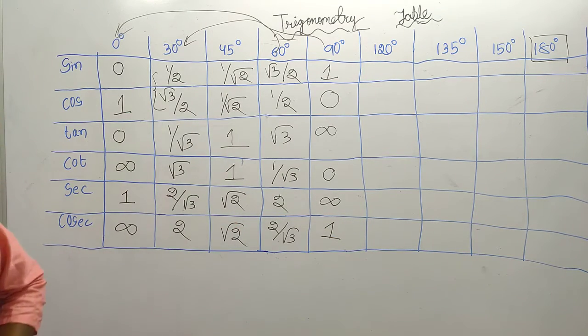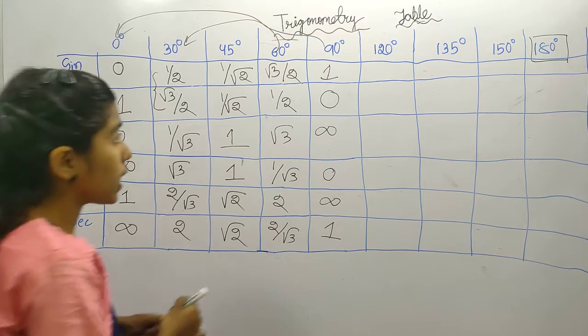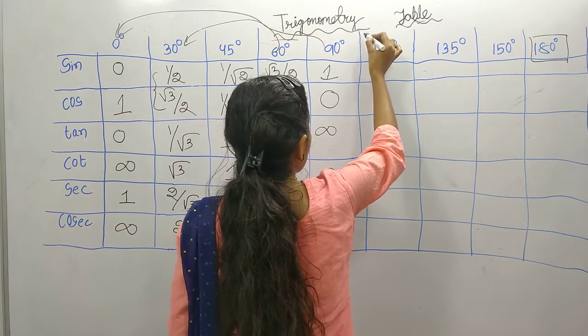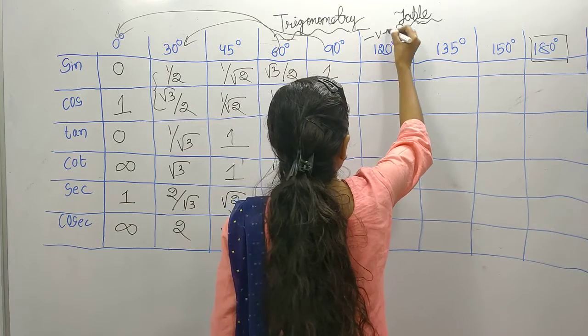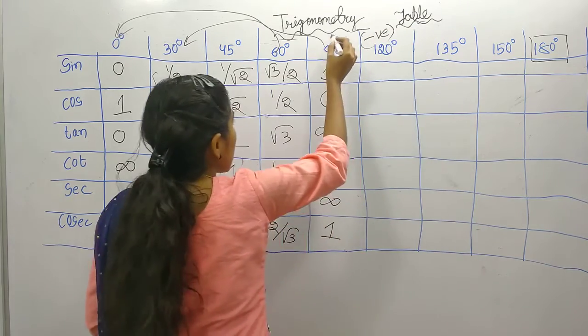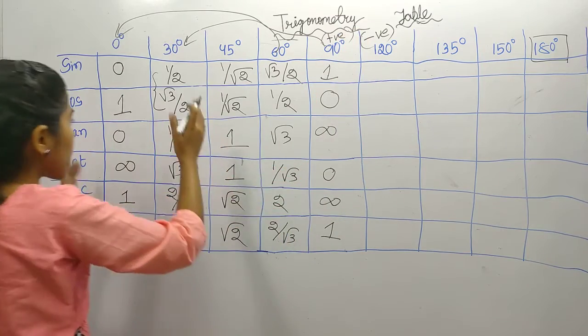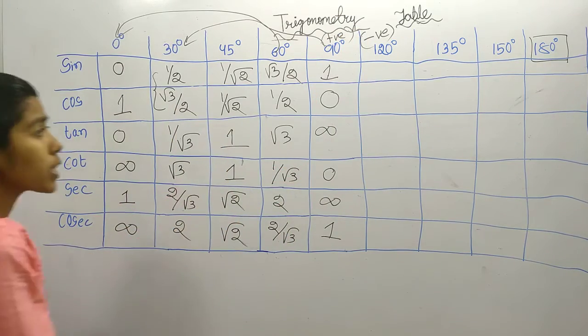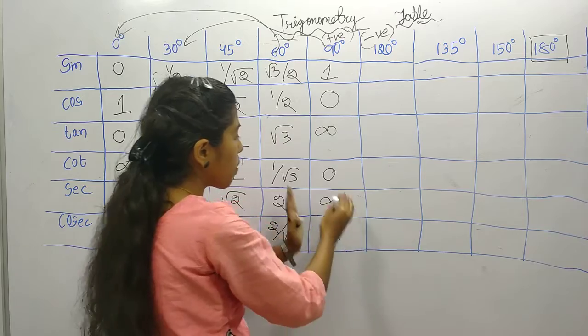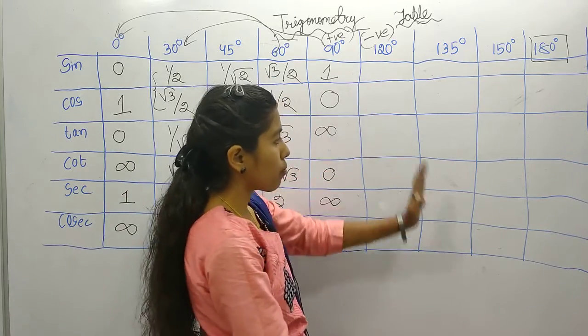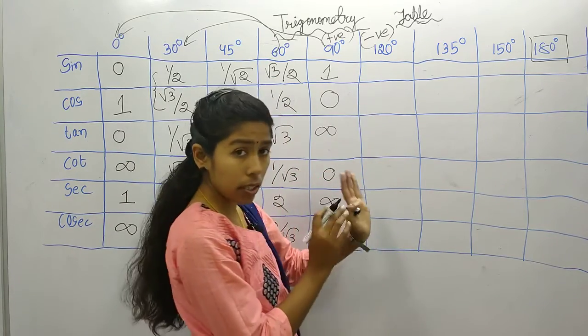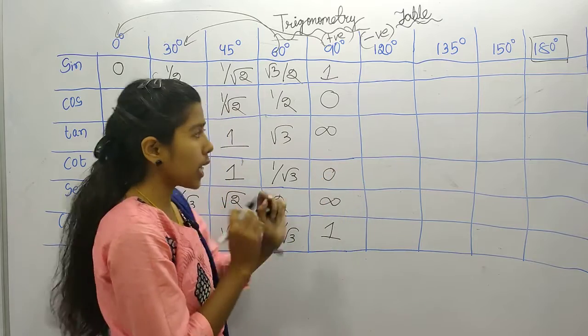So here you can see from this 120 part, negative part will start. Till 90 it is positive part. Means you cannot find any negative values till 90 degree. But after 90 degree you can find here in the table, you will find negative values.